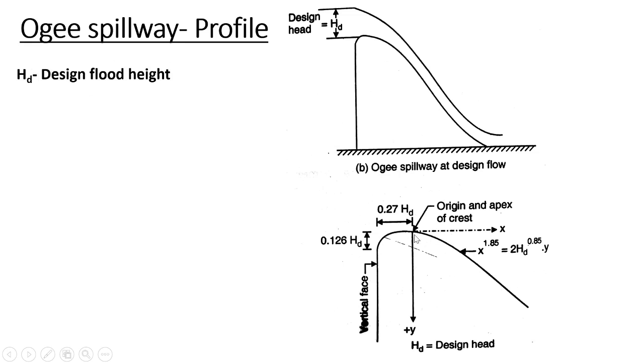You can see that in this Ogee shaped spillway, there is an origin and apex of crest. See, this is the origin. From this origin, we are measuring x in this direction and y in the downward direction. The downward direction y is actually positive. This origin is fixed based on this dimension.